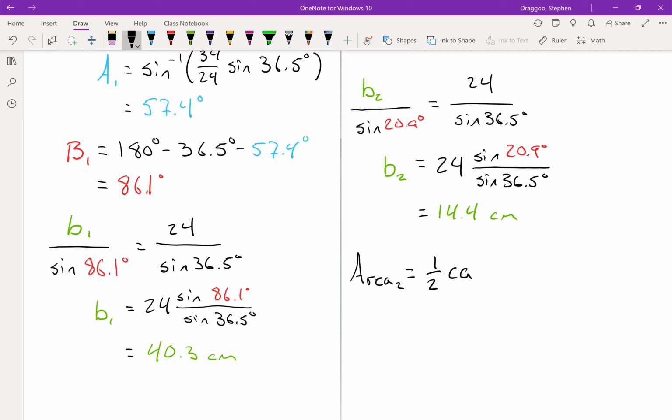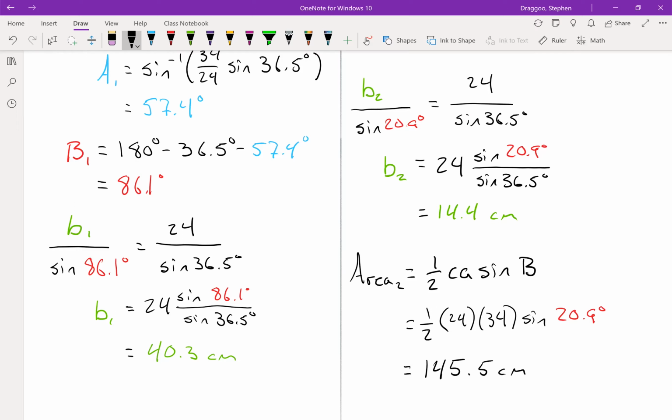So 1/2 CA sine B, which is 1/2 of 24 times 34 times the sine of 20.9 degrees, which comes out to 145.5 square centimeters.